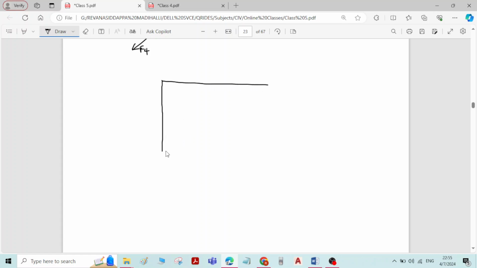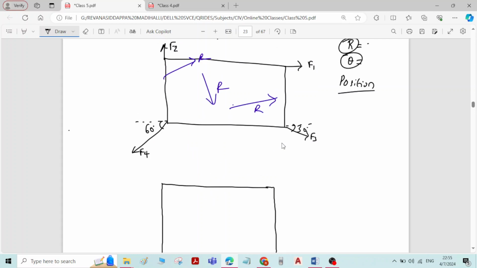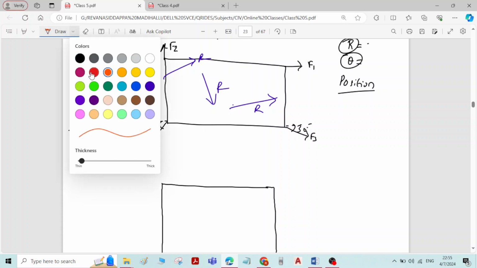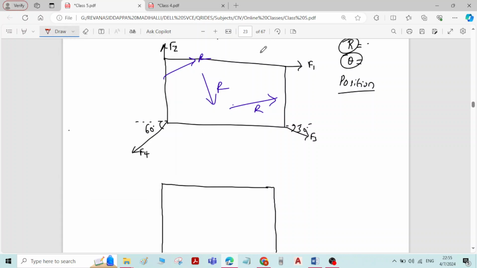I'll take the same rectangular plane. For the coplanar non-concurrent system of forces, to find the position of the resultant force, we will consider one reference point. That reference point may be here, here, or anywhere.